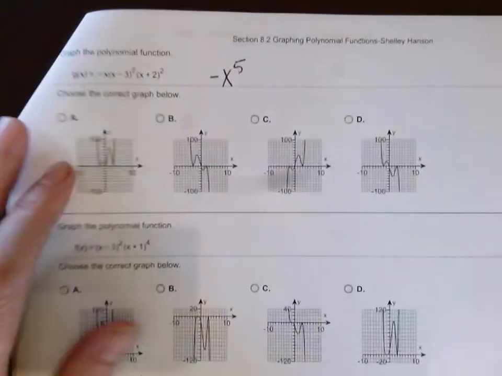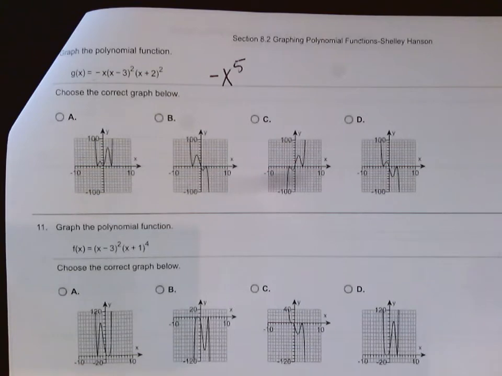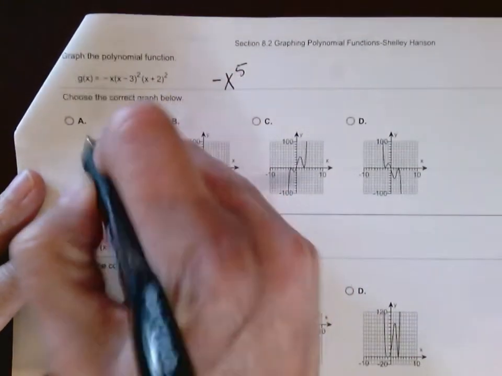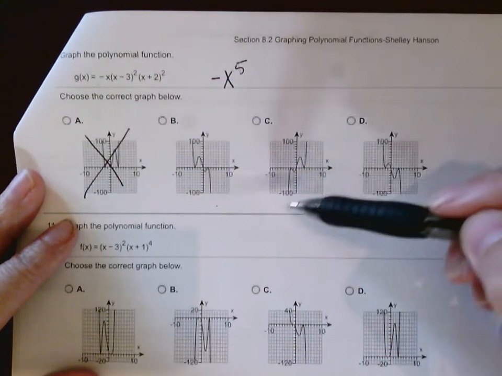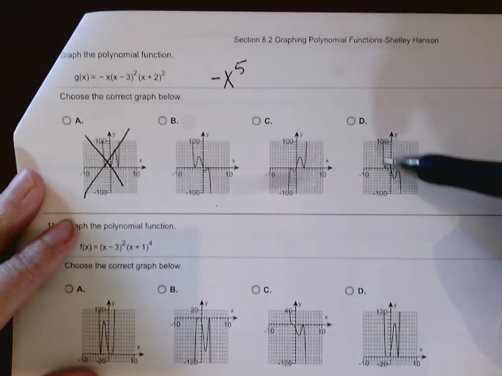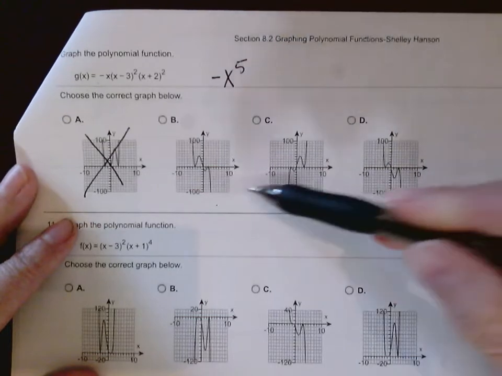So that's what's going to give you your end behavior, that negative x to the 5th. So, since it is an odd exponent, your end behavior will be 1 up and 1 down. So not that one. One up, one down, one up, one down, one up, one down. So these are all one up, one down.